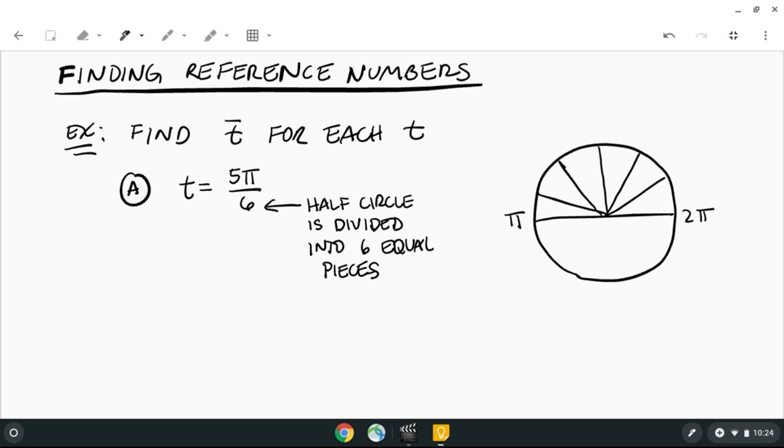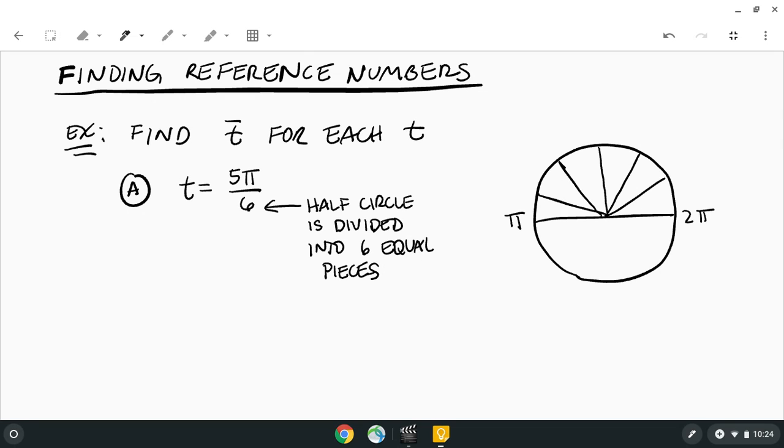I'm only going to need 5 out of the 6 pieces, so I don't need any more on the bottom. If it said 11 pi over 6, then I would draw the ones on the bottom because I've gone beyond 6.